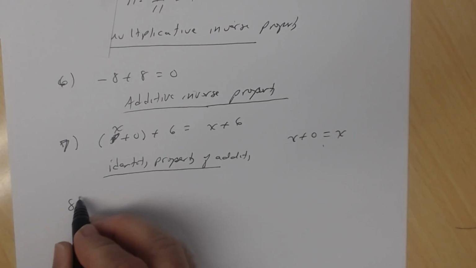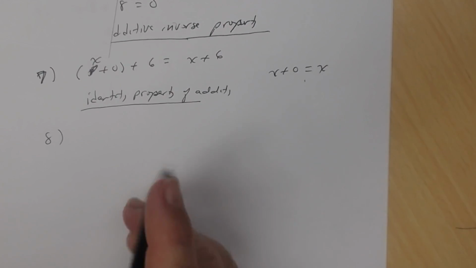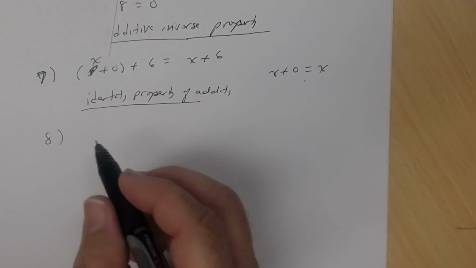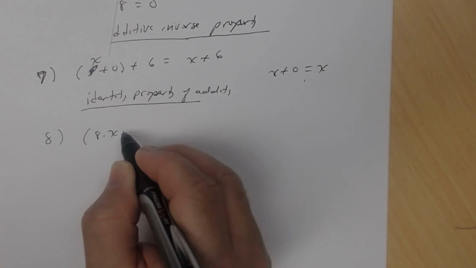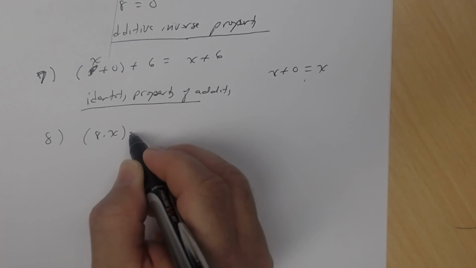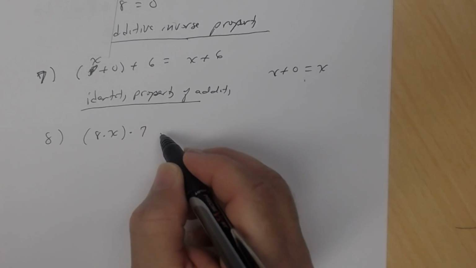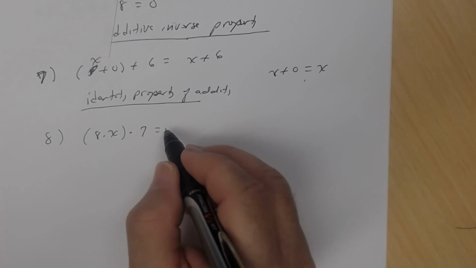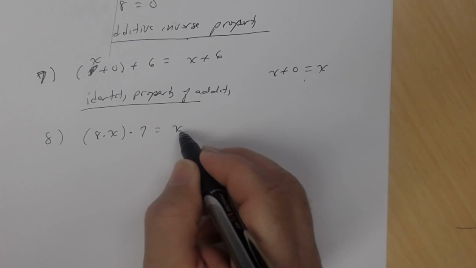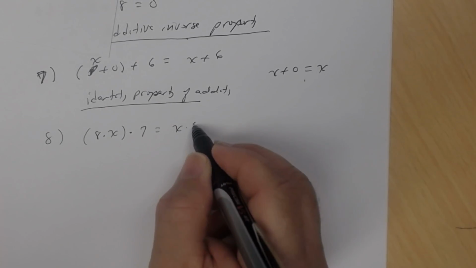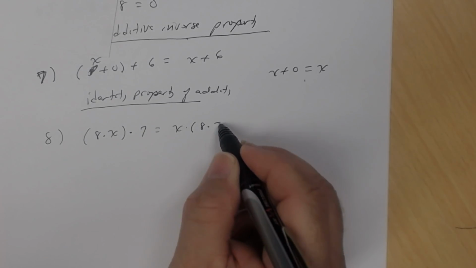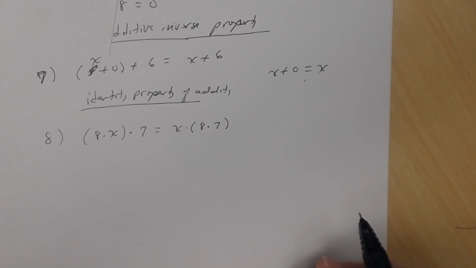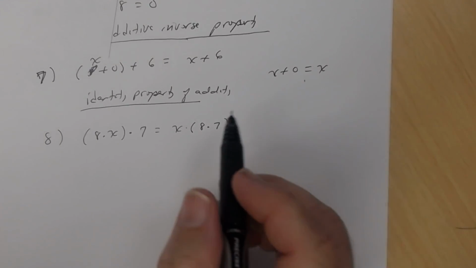Let's do one more, number 8. Numbers 7 and 8 are a little bit more difficult. Suppose I had 8 times x times 7 is equal to x times 8 times 7. It's a little bit more complicated.